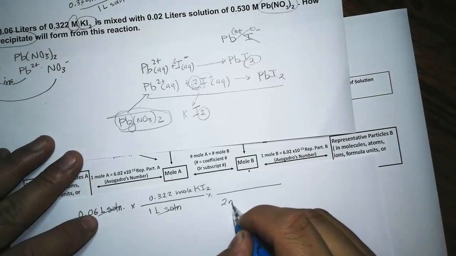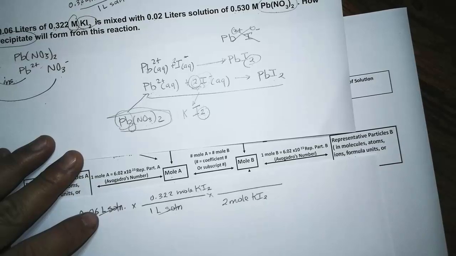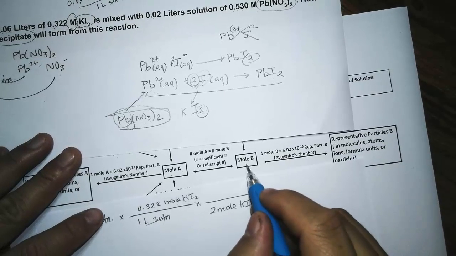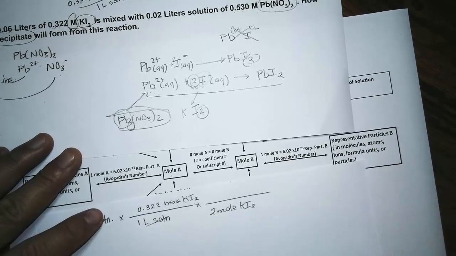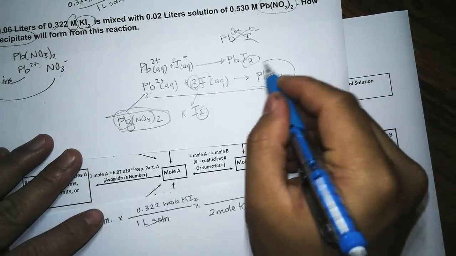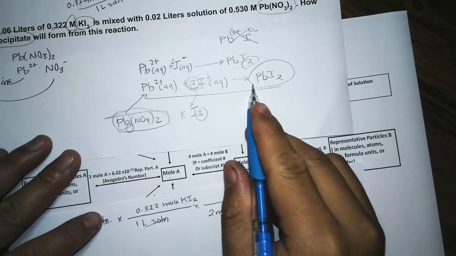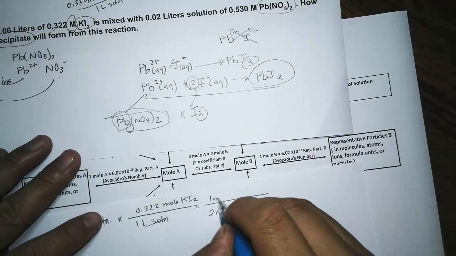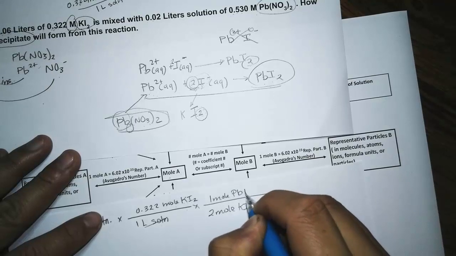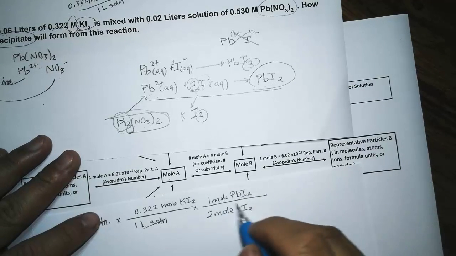In this case, we have 2 moles of potassium iodide, and this is relative to moles of B. What is B in this case? B is the product that we look at right here, which is your precipitate. In this case, the coefficient of the precipitate is 1 mole. There you go. And now we have the moles of precipitate.